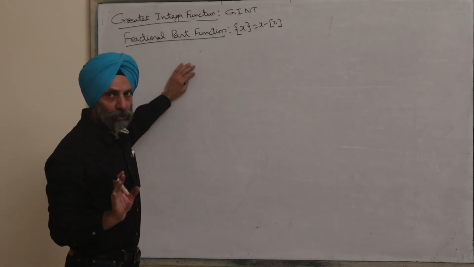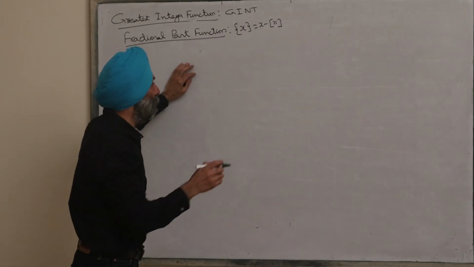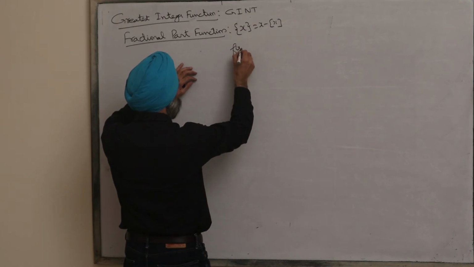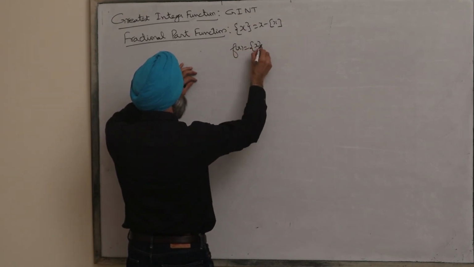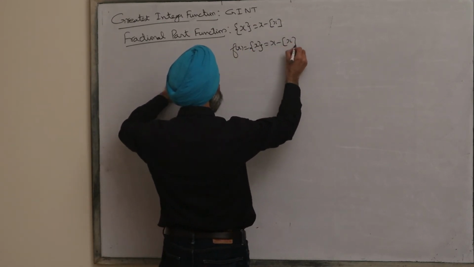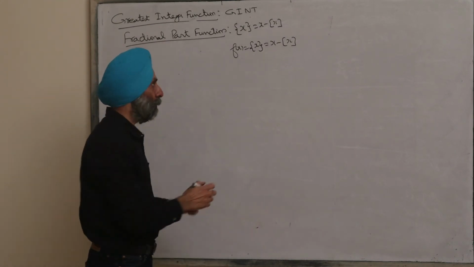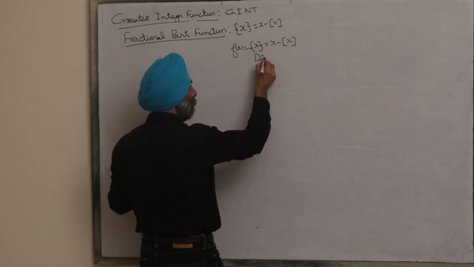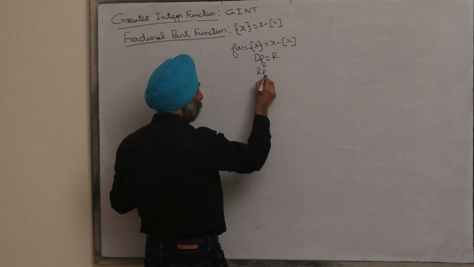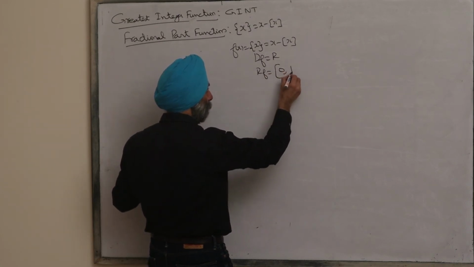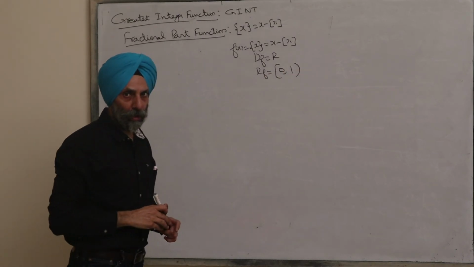It is x minus the integral part of x. So f(x) equal to {x} is called the fractional part function. The domain of this function is the whole of the real line, and the range of this function is always between 0 and 1.